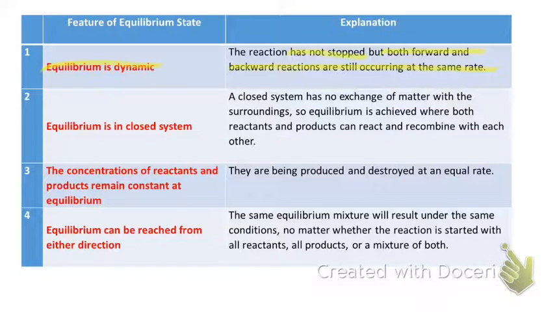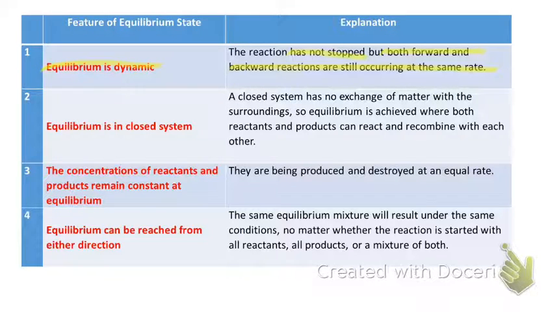Now, sometimes when we look at an equilibrium state, it looks like nothing's occurring. But that's not true. The reaction is still occurring, but just at the same rate, going in opposite directions. So the forward and the reverse reaction are still taking place when equilibrium is established. They're just occurring at the same rate. Okay?